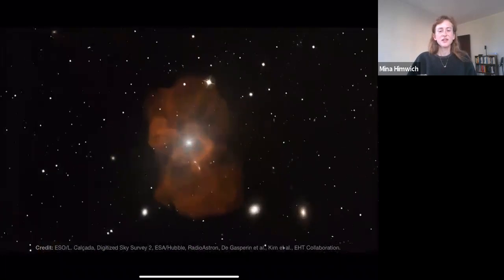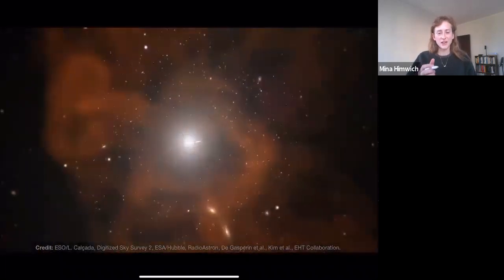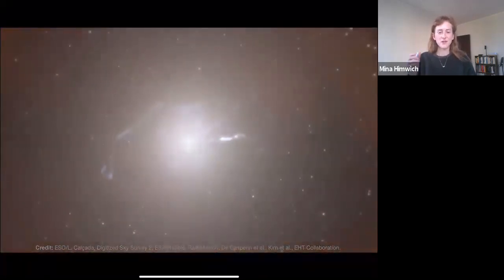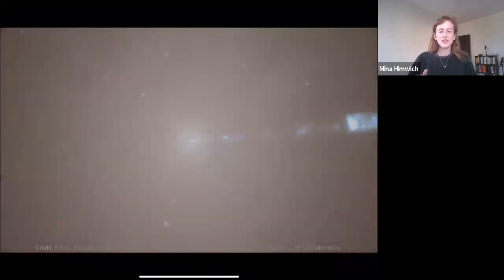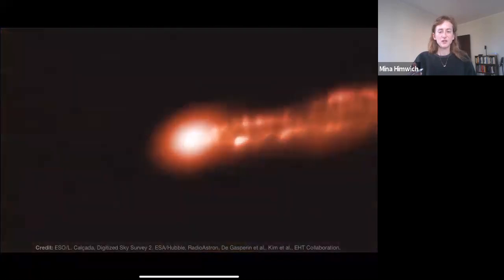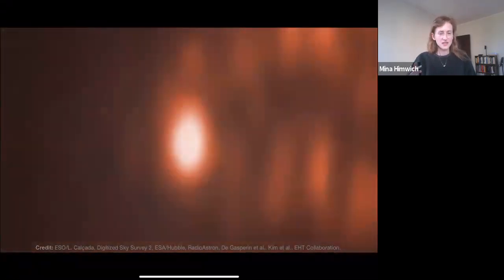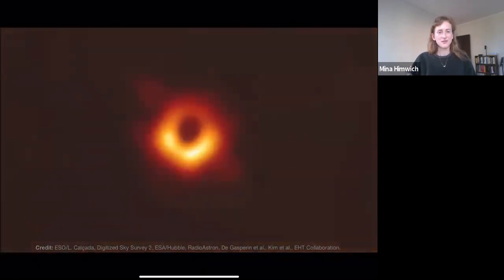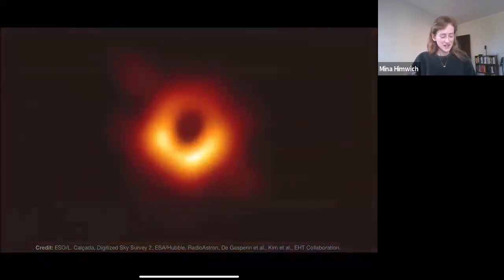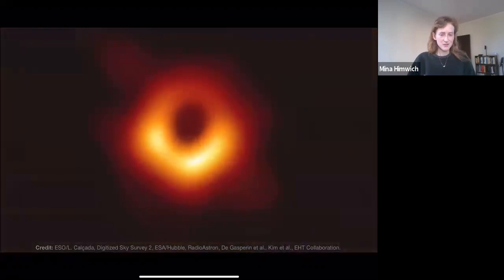There's a relativistic jet, a jet of matter traveling at relativistic speeds, shooting out of the center of the galaxy. We think this jet is being powered by a supermassive black hole that sits at the center of the galaxy. This supermassive black hole is what we've taken a picture of now for the first time. So this is our very first picture of a black hole.